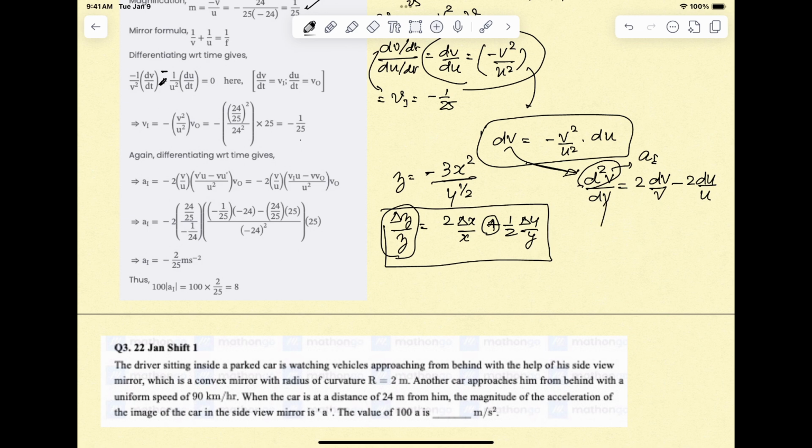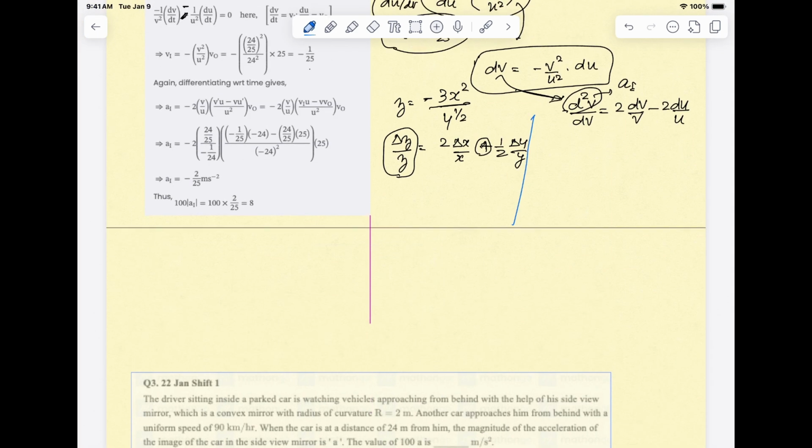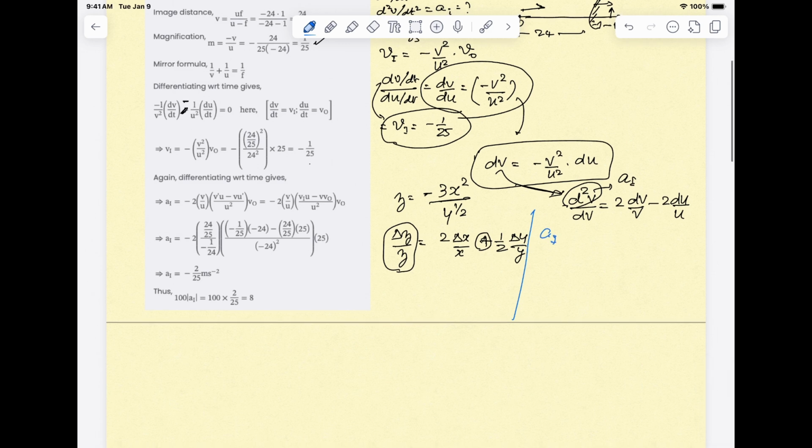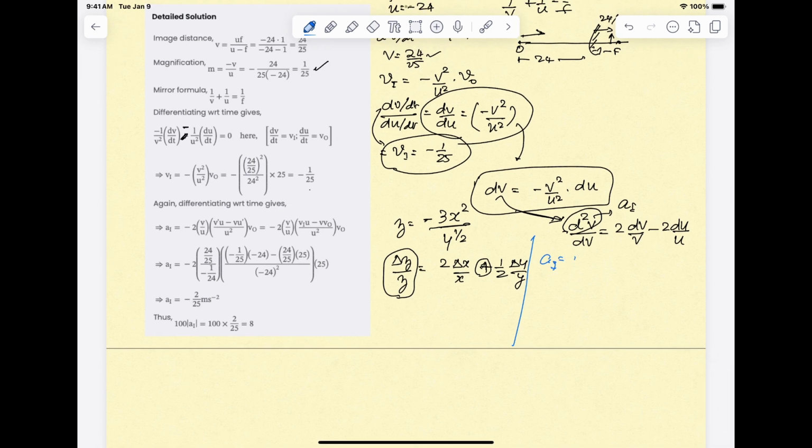Therefore, continuing, the acceleration of the image, which is nothing but d squared v by dt squared, is given by twice dv by v minus du by u, multiplied by dv. Now we just do it. This is 2 into, dv, the velocity of the image, is minus 1 by 25.